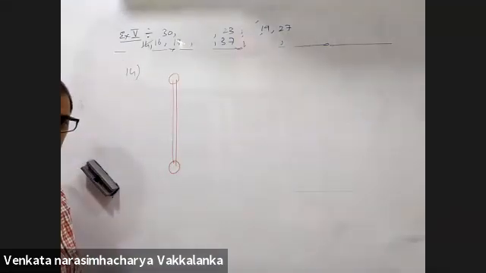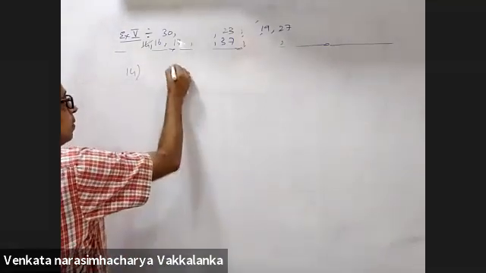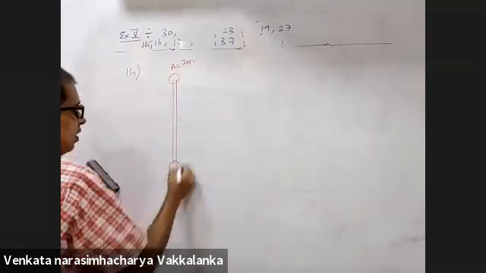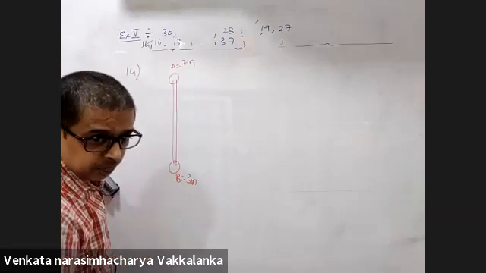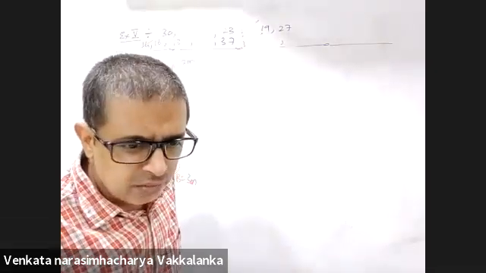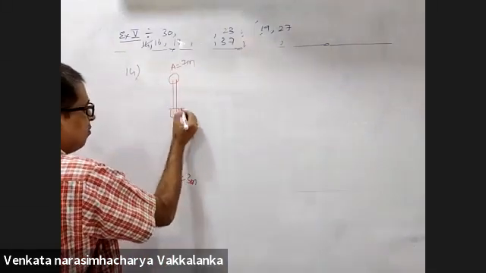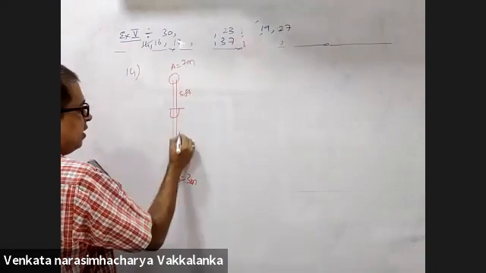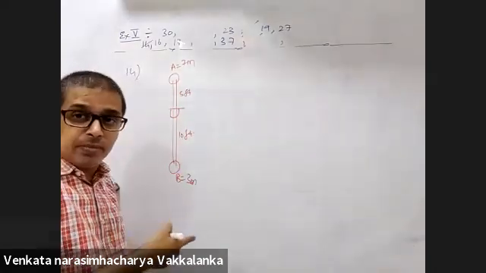At a point O, 5 feet from A. A is 7m, B is 3m. This is 5 feet, and this will be 10. I am assuming this is unstable equilibrium.